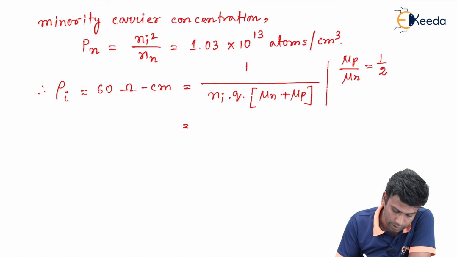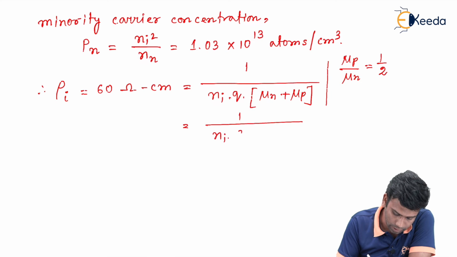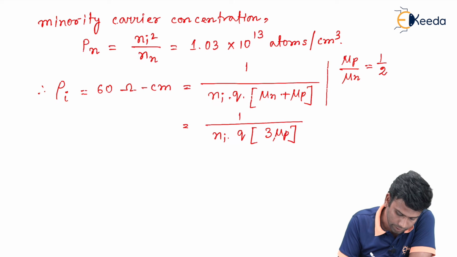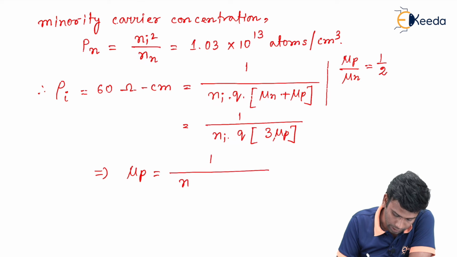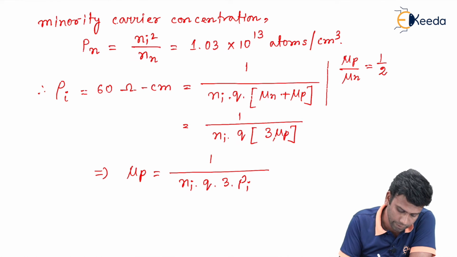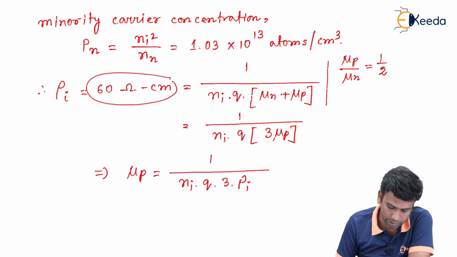So we can write this equation in this form: Ni into Q into 3 mu p. Now from this equation we can write that the mu p value will be equal to 1 by (Ni into Q into 3 into rho I), and the rho I value is given as 60 ohm centimeter.